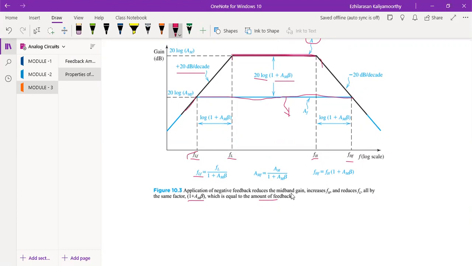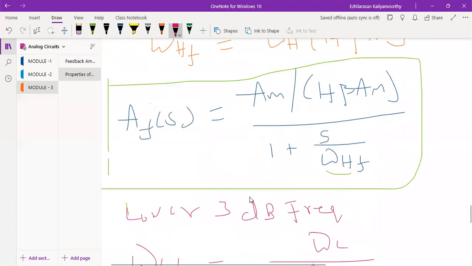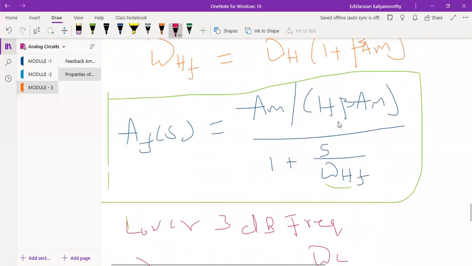Now here I can see, the above expression we can write like this, AMF. How can I write this whole thing? This whole thing I can say AMF.